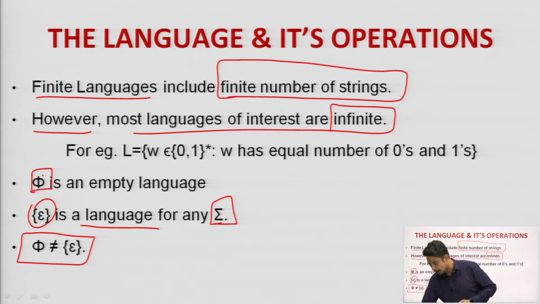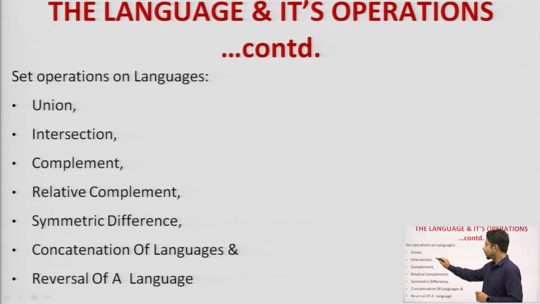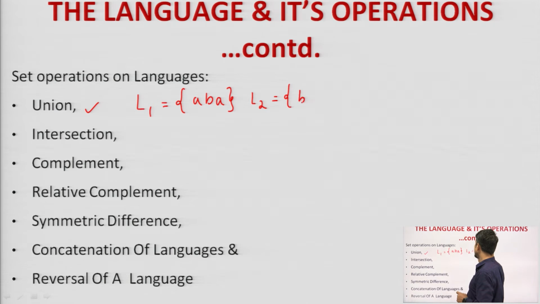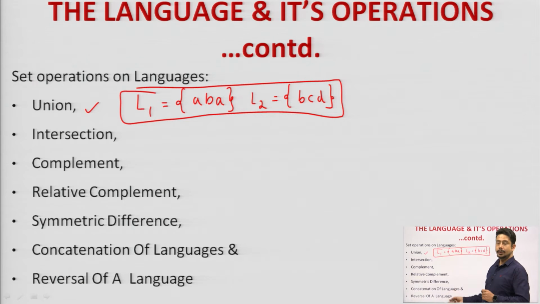Let us go with the next part where we will see some of the operations for languages, like union. If I say L1 is A B A and L2 is B C D, then definitely we can do a union of these two languages. Intersection means the common part, that means a string which belongs to language L1 must also belong to language L2.